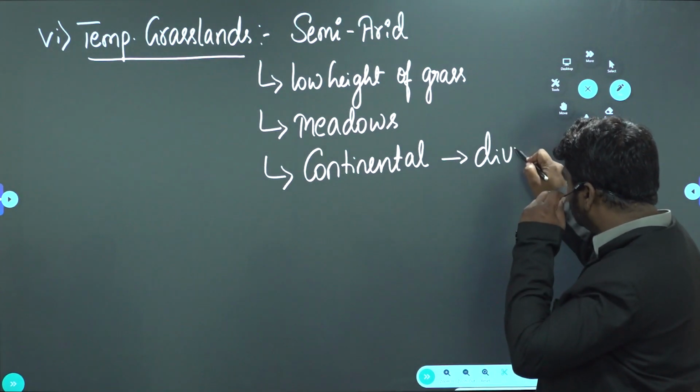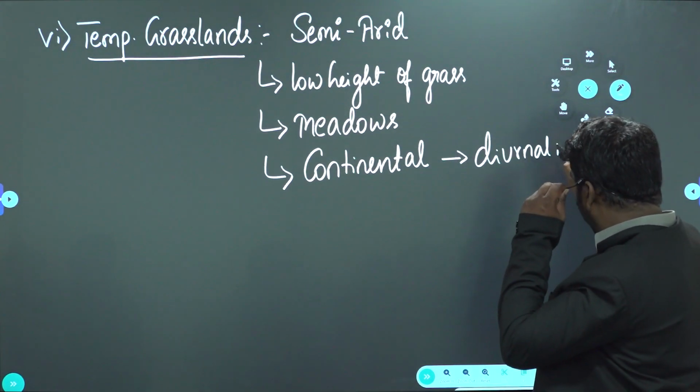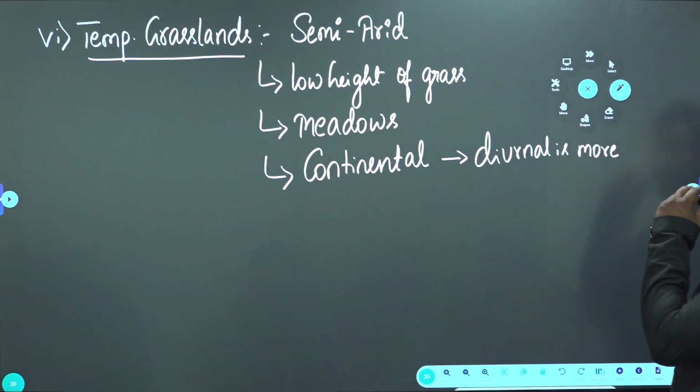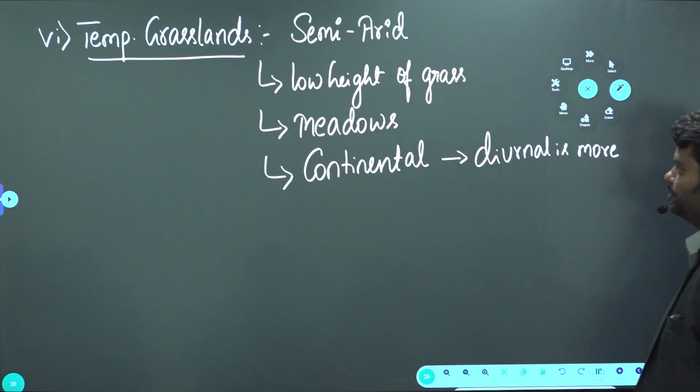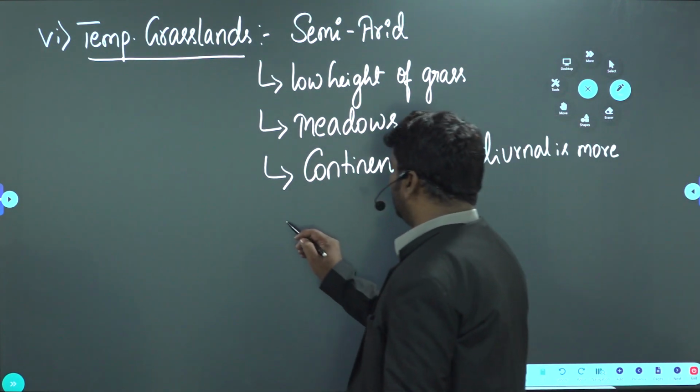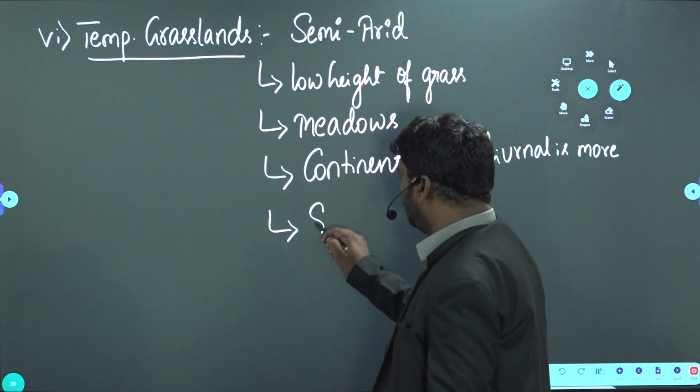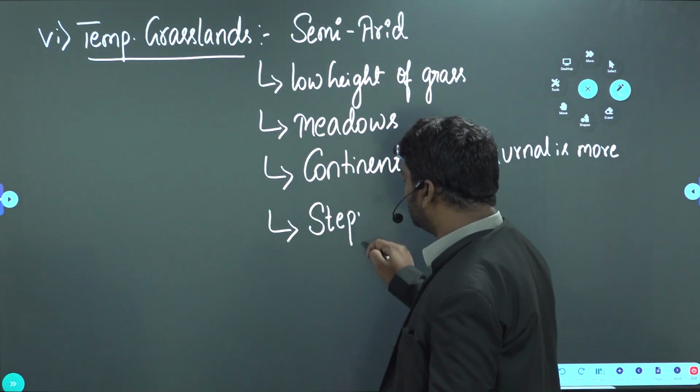Continental means diurnal is more. They can use the term steppes.